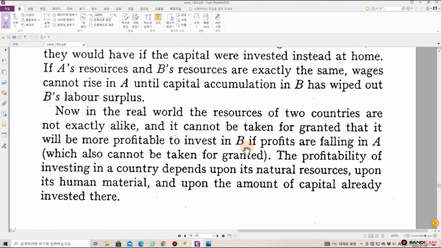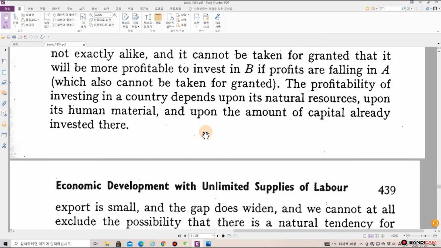Now, in the real world, the resources of two countries are not exactly alike, and it cannot be taken for granted that it will be more profitable to invest in B if profits are falling in A, which also cannot be taken for granted. The profitability of investing in a country depends upon its natural resources, upon its human material, and upon the amount of capital already invested there.